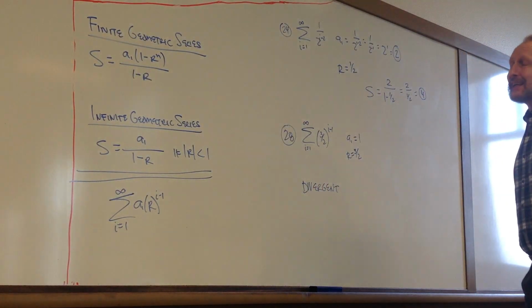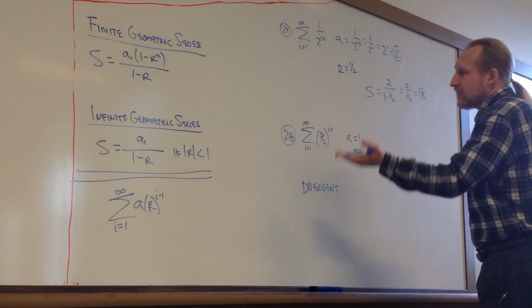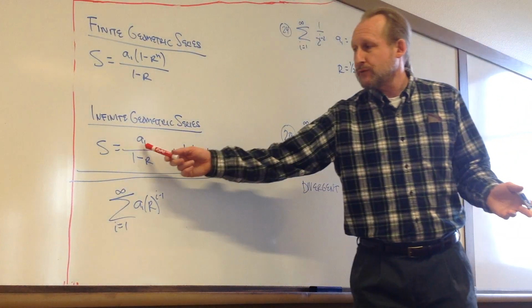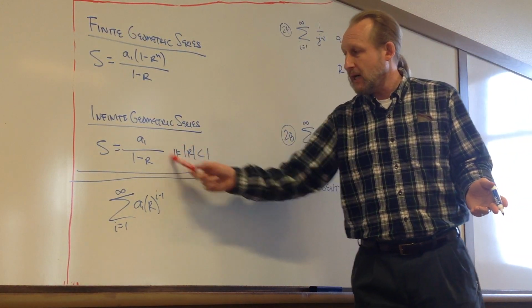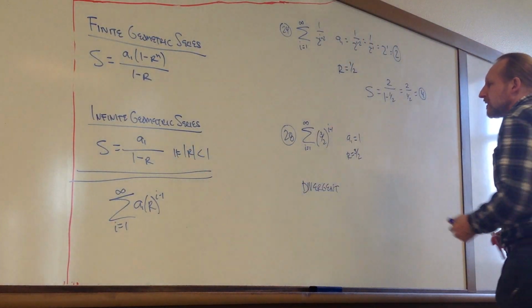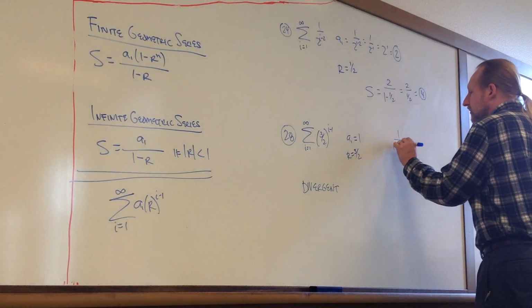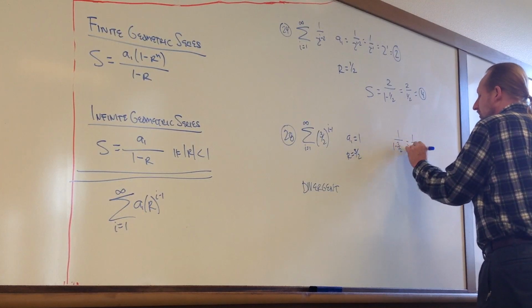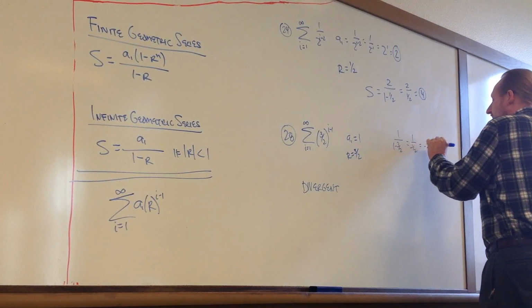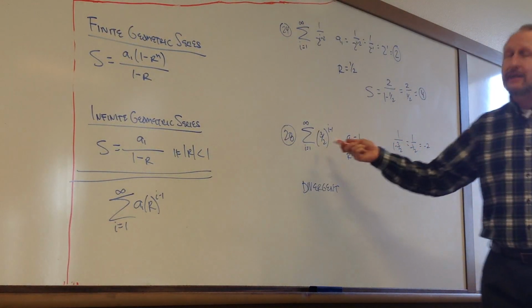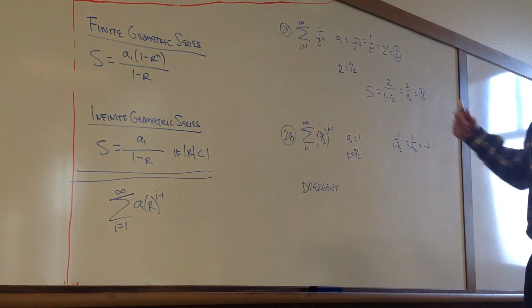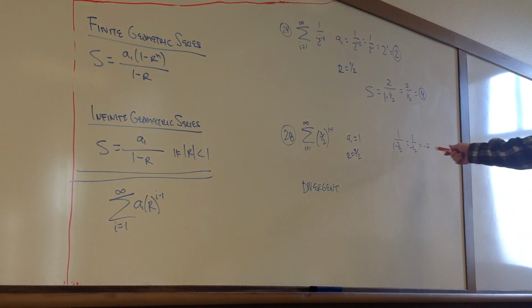Now, here's the thing. You can make this calculation. If you choose to use this formula, even though it tells you not to, for problem 28, you'll get an answer, equals -2. That's not correct. This thing's going to go to infinity. If you write down the terms and you start adding them up, you'll see there's no way it's going to add up to be -2.